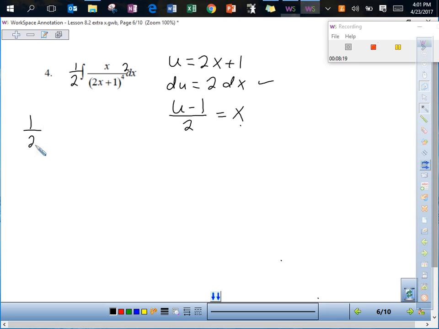So I'm going to have 1/2, the antiderivative of x, which happens to be u minus 1 over 2, and notice that 2x plus 1 to the 4th in the denominator, I'm going to keep in the denominator as u to the 4th. And then that 2 dx becomes my du. So there's what it looks like subbed in.